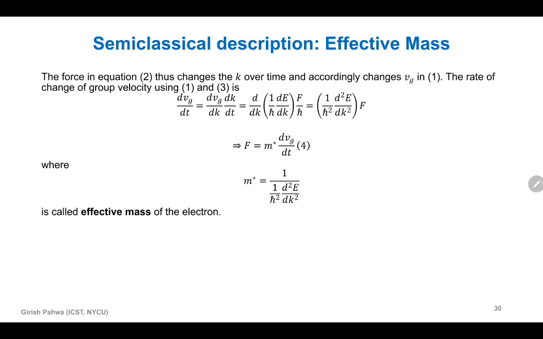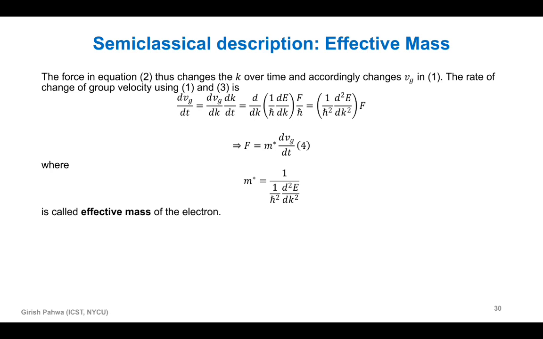So it's as if, if I have an electron moving inside a crystal, I can still use Newton's law, I can still use its particle picture, but to account for the impact of the crystal, I'll have to replace my mass with the effective mass.